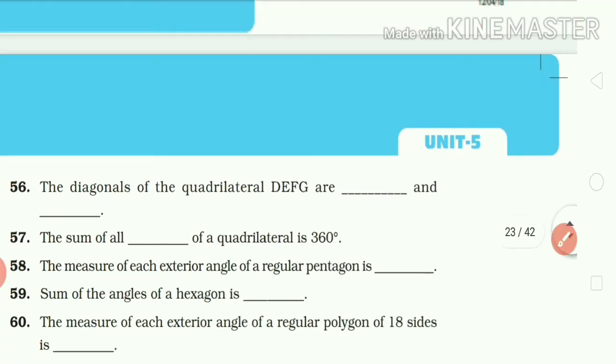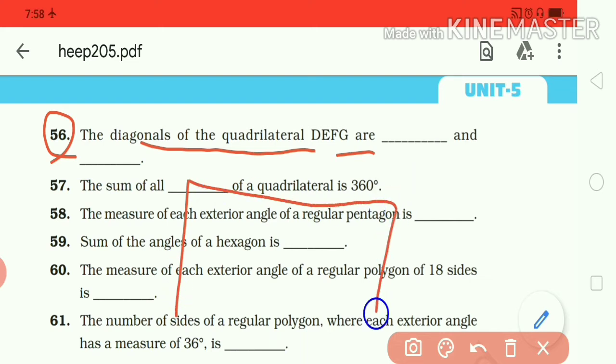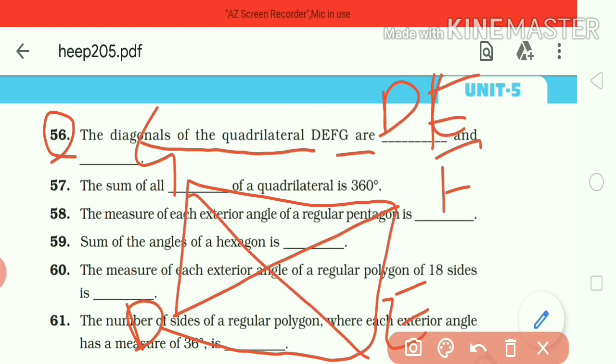So let us start the 56th question. Here we have given the diagonals of the quadrilateral DEFG are this and this. Okay, if you roughly draw a quadrilateral DEFG, this is the diagonal DF, and this is the diagonal EG.